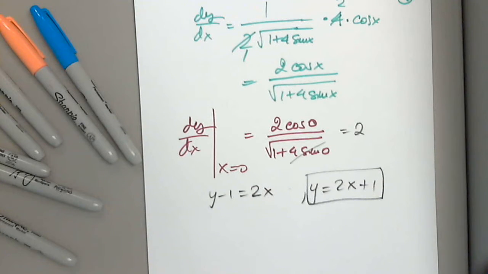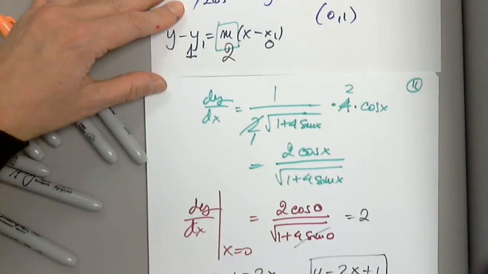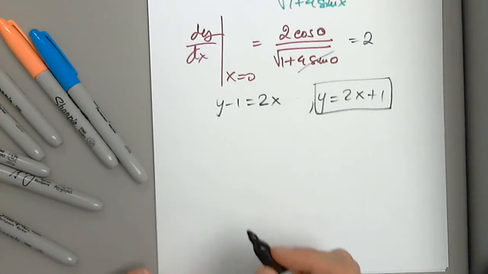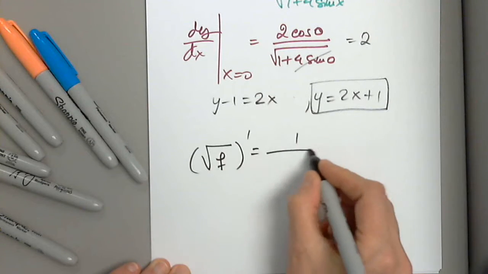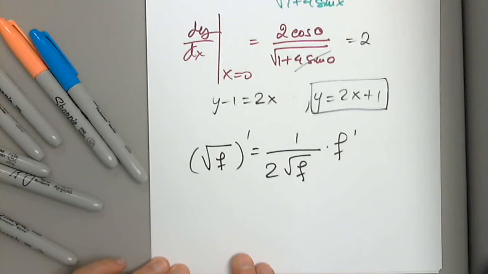Any questions on this problem? Yes, Regan, go ahead, please. I was just confused on how we got 1 over 2, 1 plus 4 sine x. The derivative? Okay, very good. So let's take a look. When we have the square root of a function prime, we have 1 over 2 the square root of the function times the function prime.